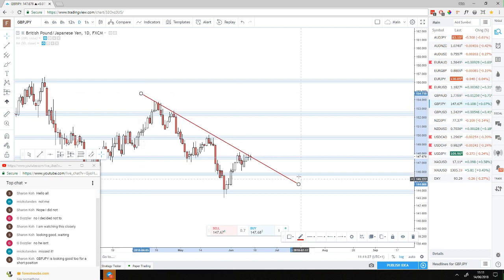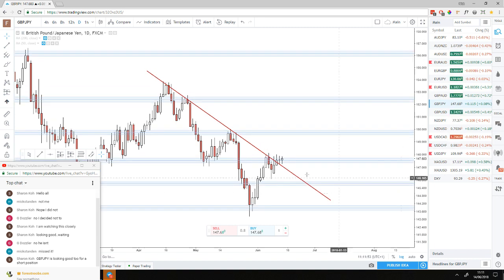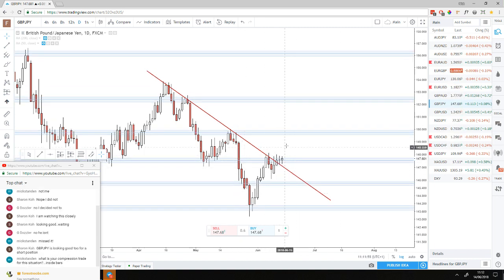You redraw it, and then you're like, well, that has 3 bounces. 4 if you want to count this, which didn't quite touch it but came close. So that's always my problem with trading trend lines. It's always a bit tricky. It's easy to think, oh, this trend line's broken, I'm going to go long. But then, has it broken? Really? Who knows? Anyway, my point is, I think someone was saying that they're thinking about going long, or they're long on it.